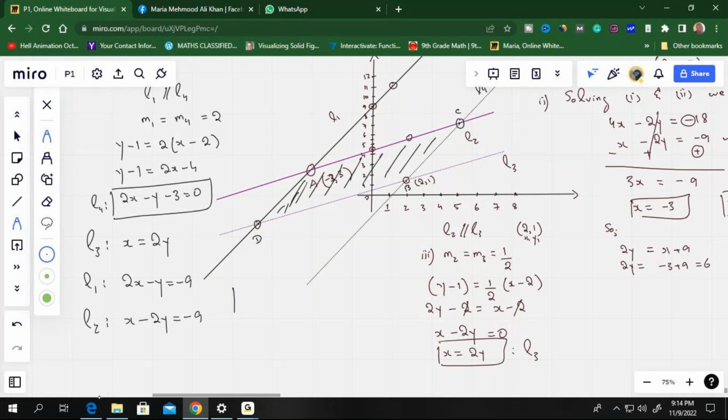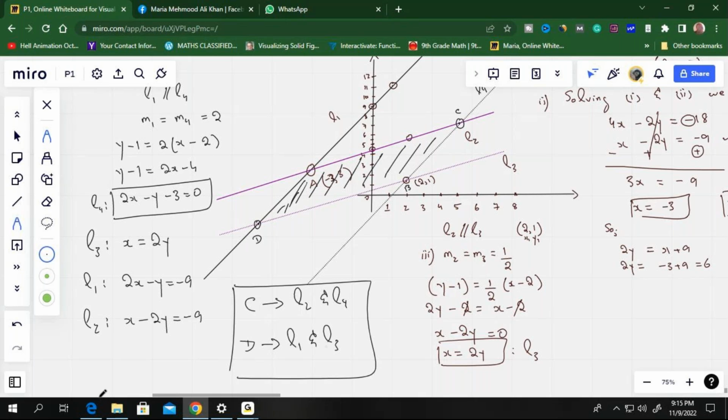And then I write over here in the box that I'm getting my point C by the intersection of my L2 and L4. Solve these two equations, get the coordinates of your C. And D is obtained by the intersection of your L1 and L3. Solve these two equations, get the coordinates of your D. Do it right now.